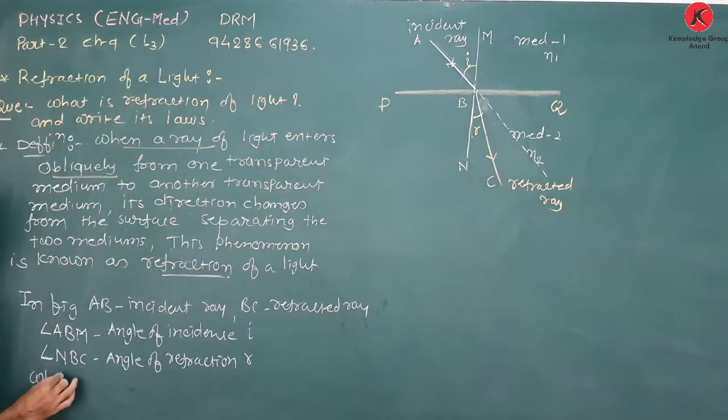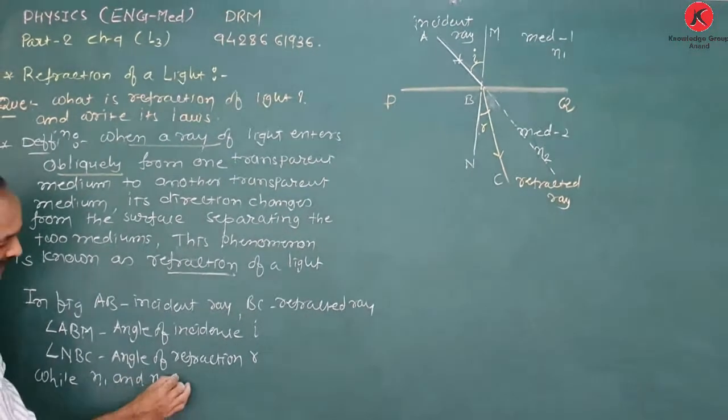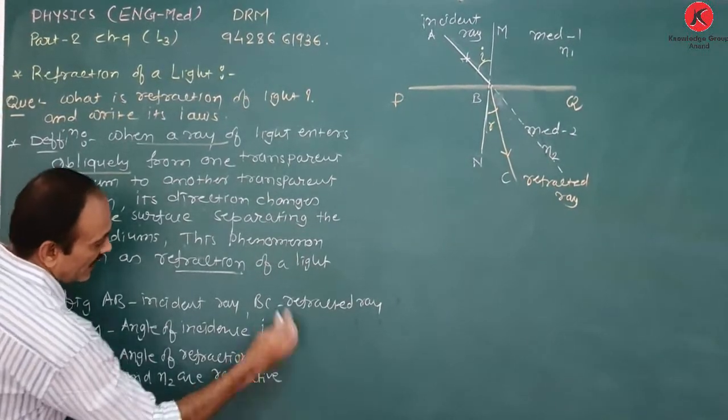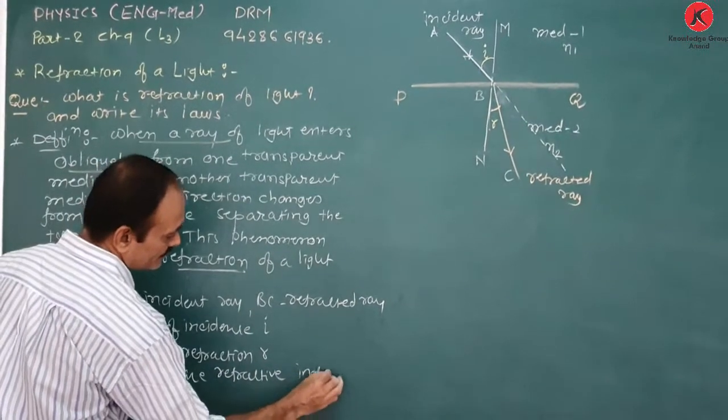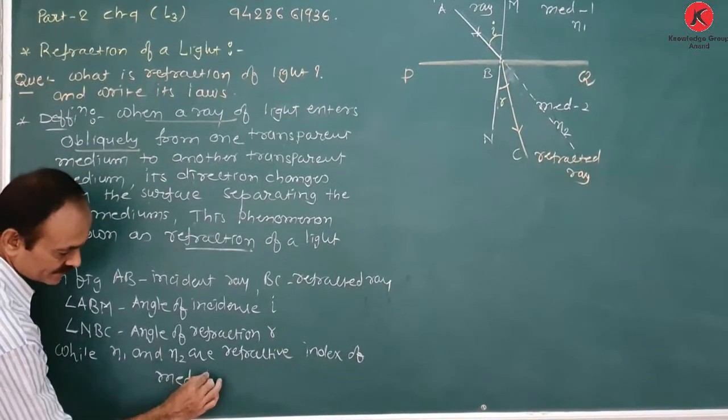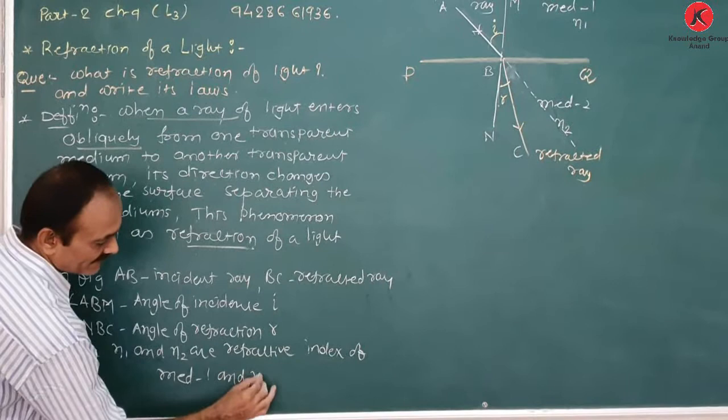While N1 and N2 are the refractive indices of medium 1 and medium 2 respectively.